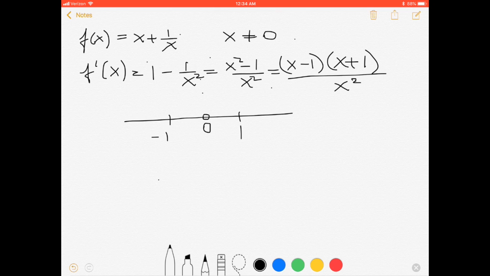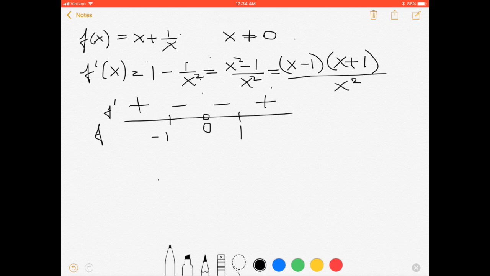Using the interval method, we can easily plug points into the derivative function. The derivative is positive, negative, negative, positive. If you plug in a point greater than 1, it is positive; between 0 and 1 it is negative; between negative 1 and 0 it is negative; and less than negative 1 it is still positive. What about our function f?